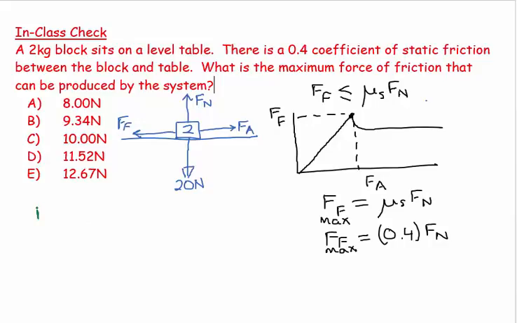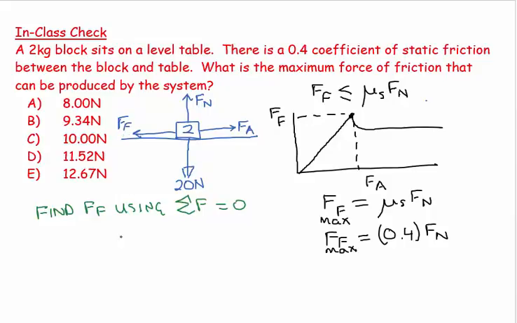And I'll say, well, let's find FF using the sum of the forces equals 0. And we can say that because we're in equilibrium. Now, I've got to decide on my axis.